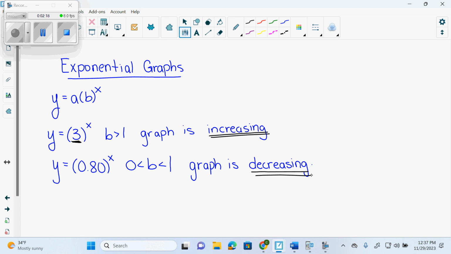Now, I want to know, that's decreasing, but what's it decreasing by? How much? 20%. It's not decreasing by 80%, it's decreasing by 20% because it's how far away it is from 1, right?